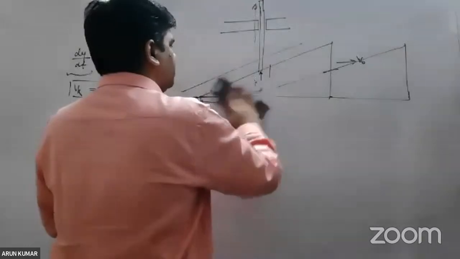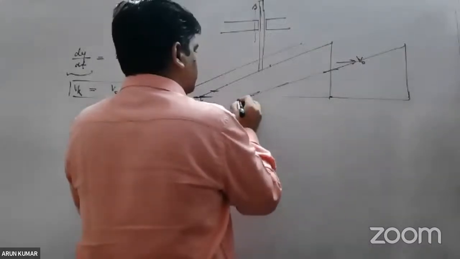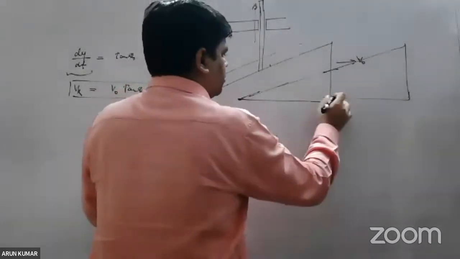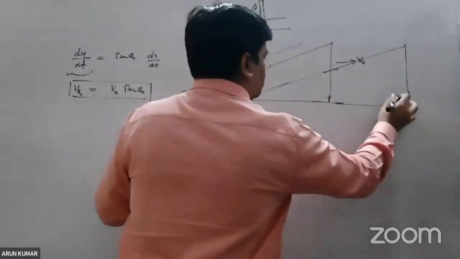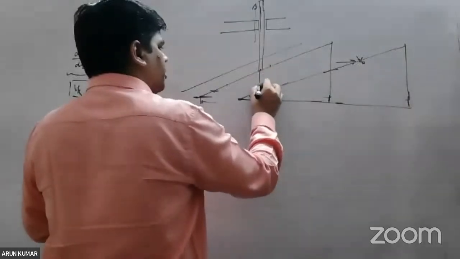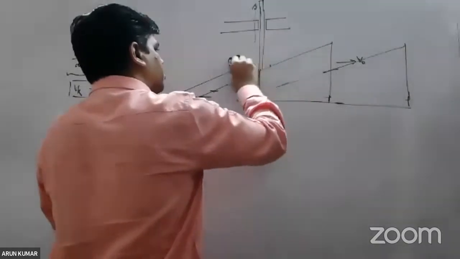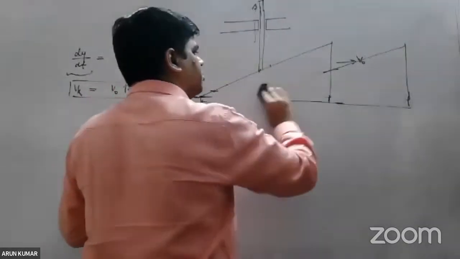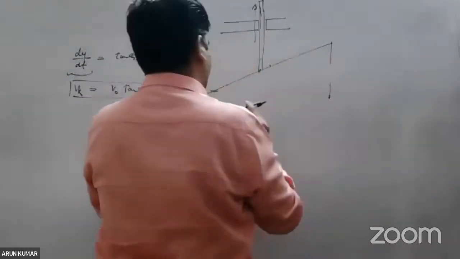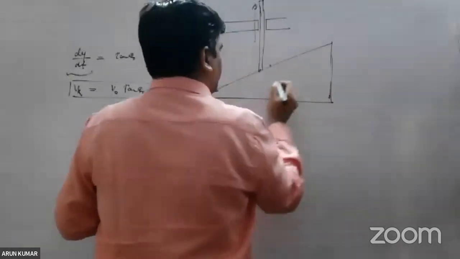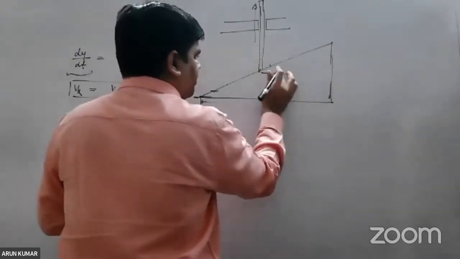And the idea is, if this comes down by... velocity of this point of contact on this surface is v naught towards right.